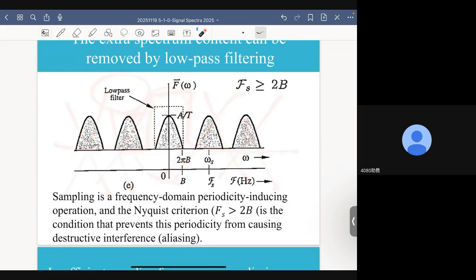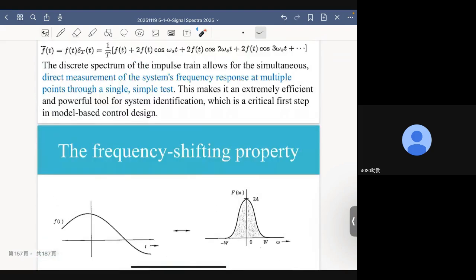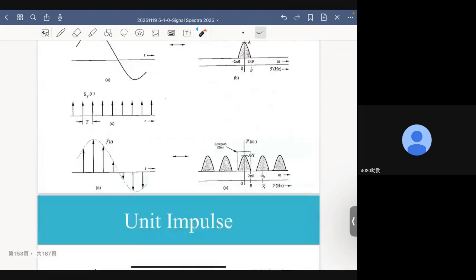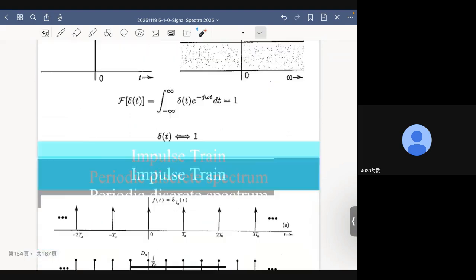Okay, so sampling is a frequency domain periodicity inducing operation. This is what we call periodicity inducing, because it converts a non-periodical spectrum into a periodical spectrum.